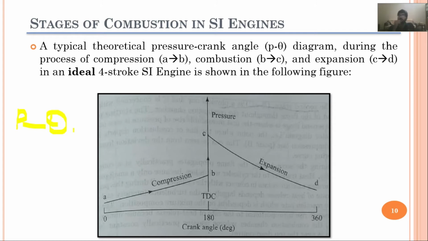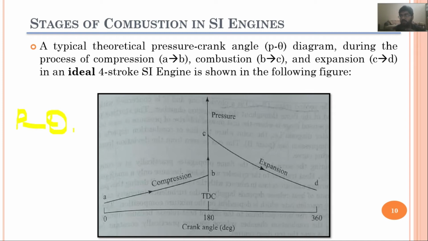The piston completes one stroke, moving from top dead center to bottom dead center, when the crankshaft rotates 180 degrees, and when it completes one revolution, which is 360 degrees, only 2 strokes will occur.